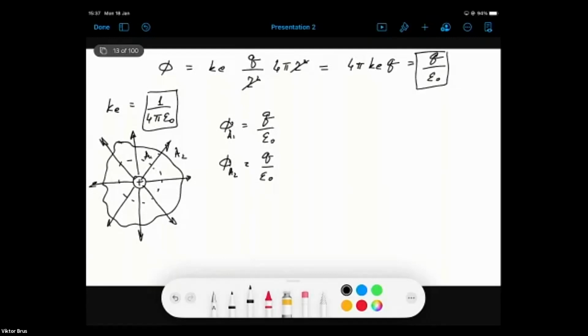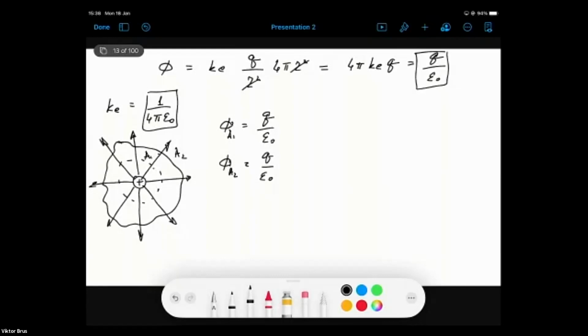So if we consider electric field flux not through some specific area, but through the solid angle, then all kinds of closed surfaces can be described with a full solid angle, which is 4 pi steradians.